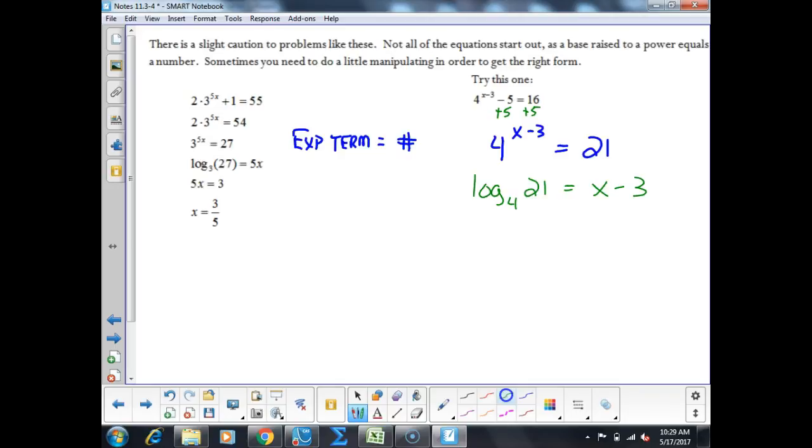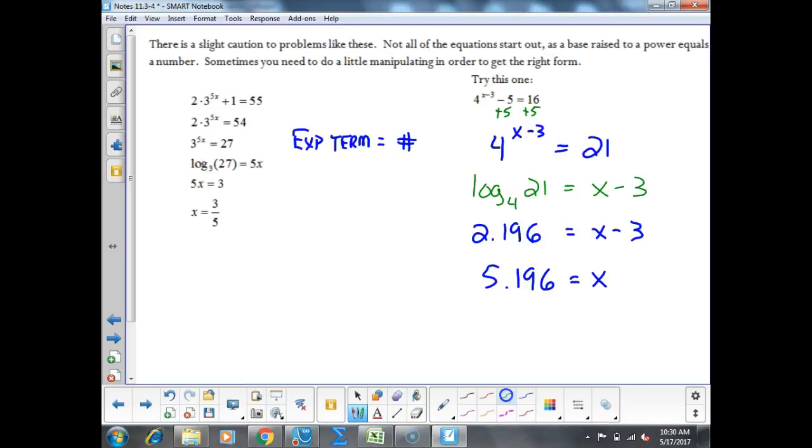Because 4 to the second power is 16. Okay? I get 2.196158711. We're going to round that to 3 decimal places, though. And that's going to equal x minus 3. Now what can I do? Now I can add 3. So I get 5.196 is equal to x.